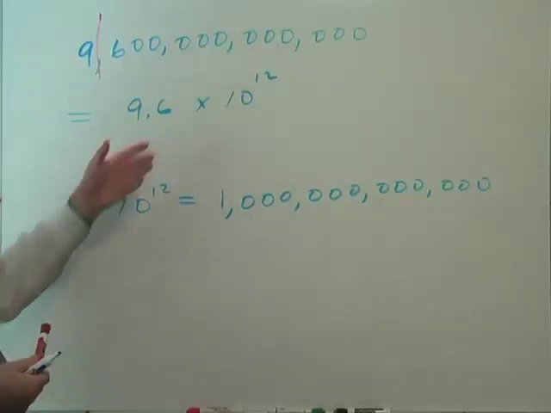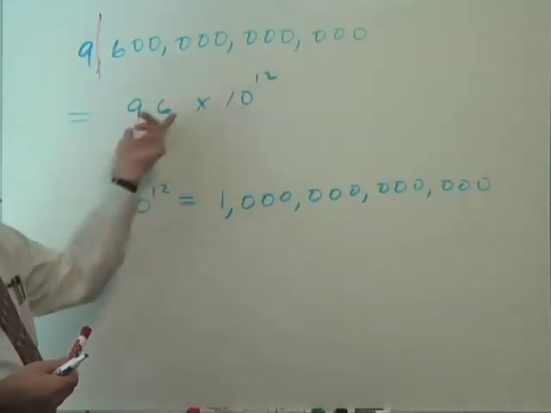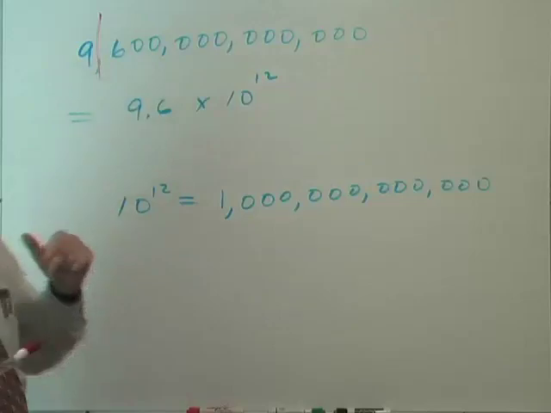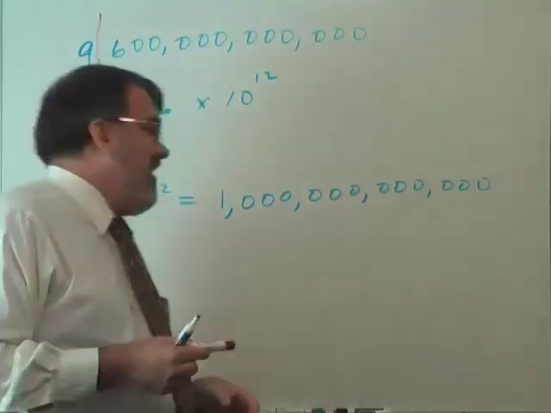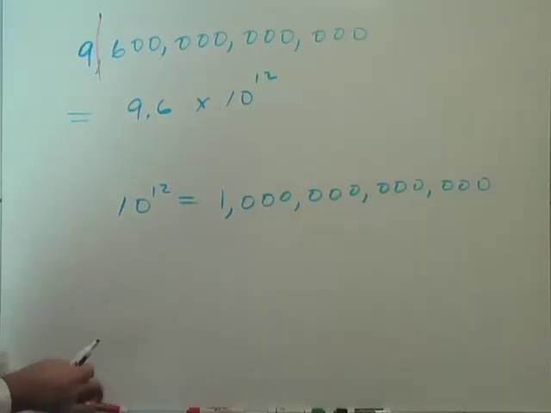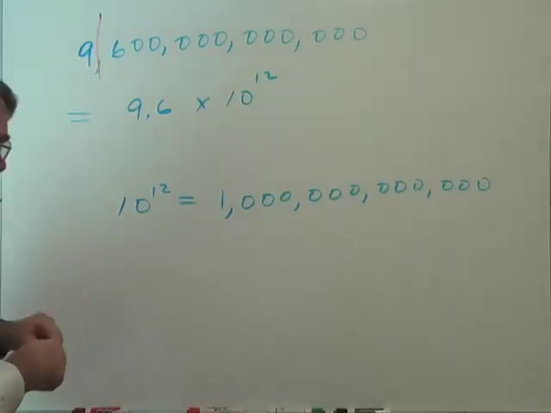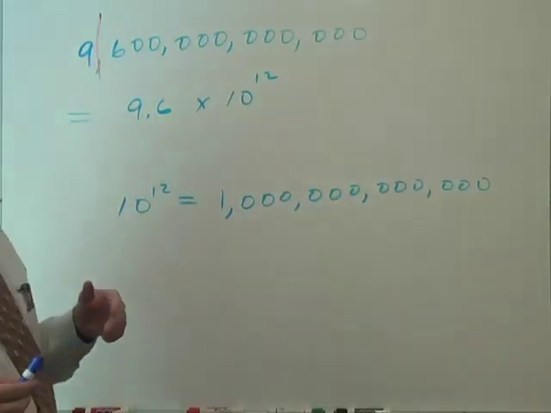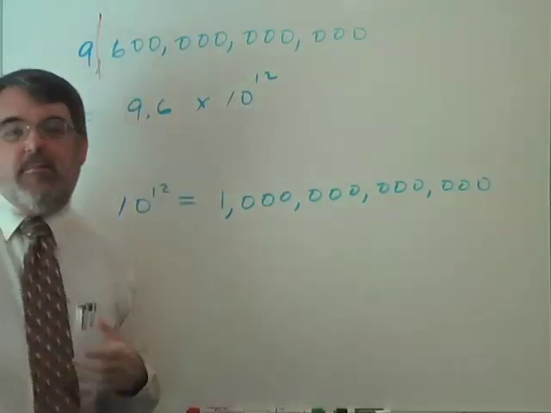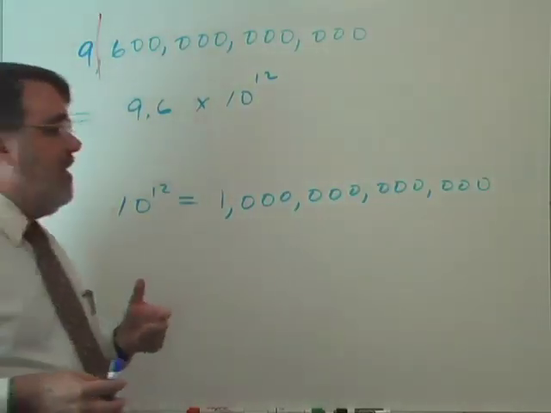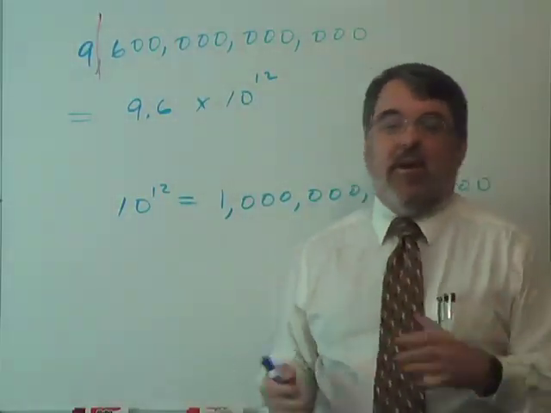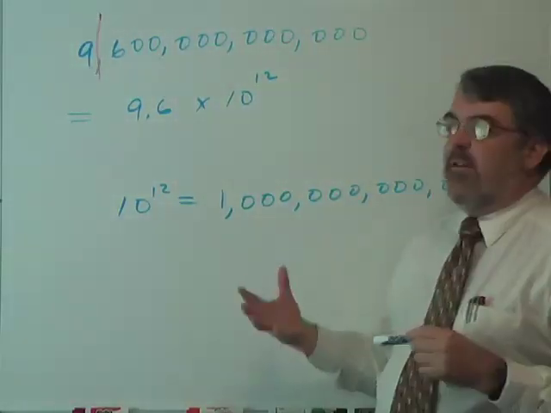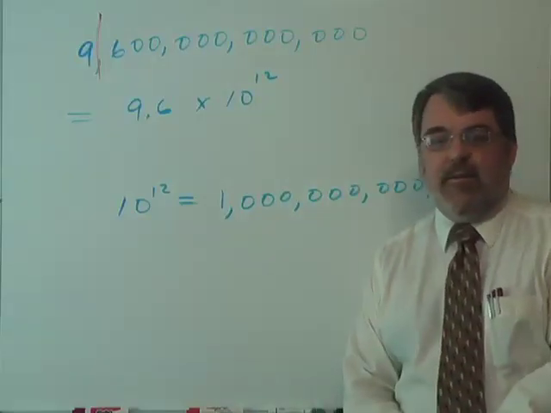So if you were to multiply 1 trillion by 9.6, you'll get 9.6 trillion, or 9,600,000,000,000. Okay, but that's the idea there. And this is one of the few places in algebra we ever use the multiplication cross symbol. And we usually avoid that because we're working with x's in algebra, but it shows up. It's traditional in scientific notation.